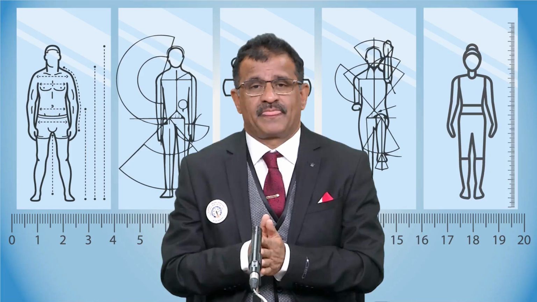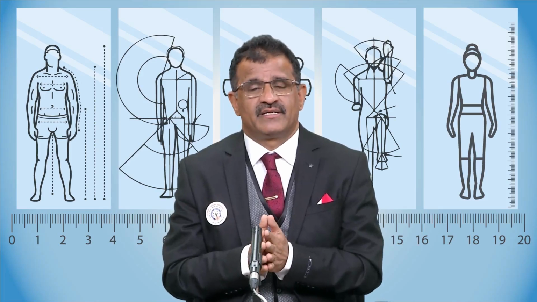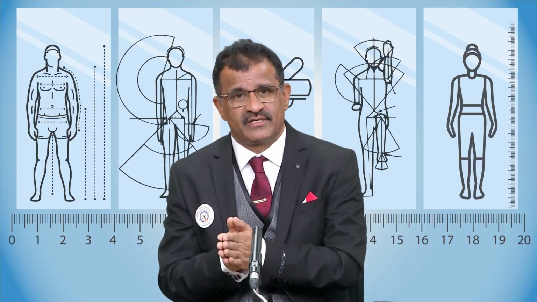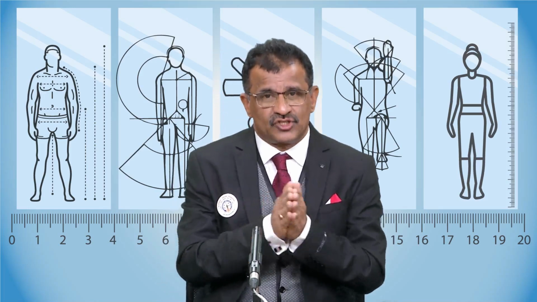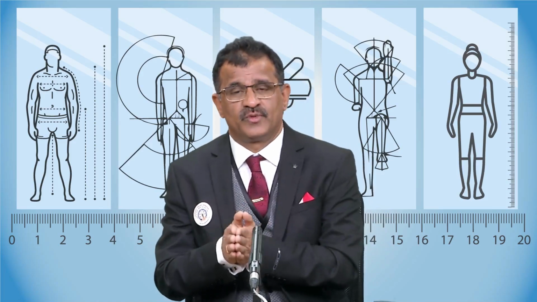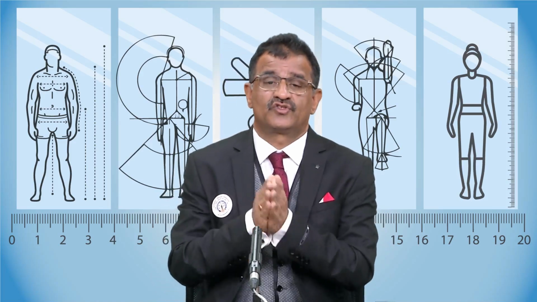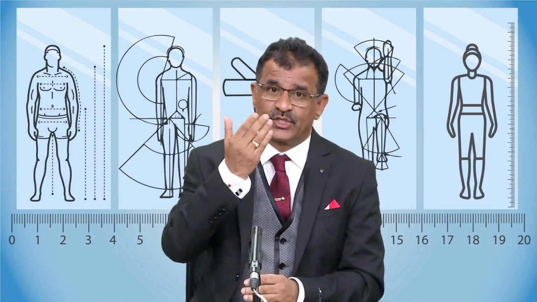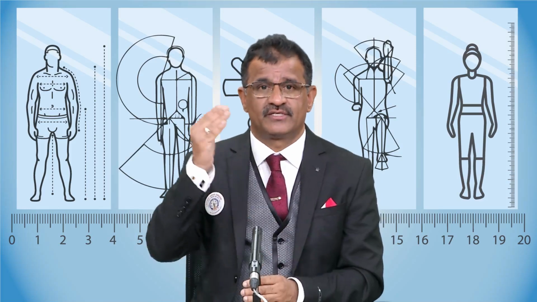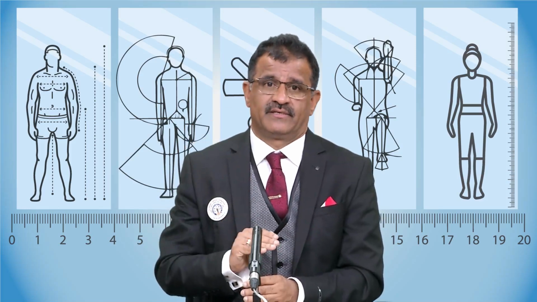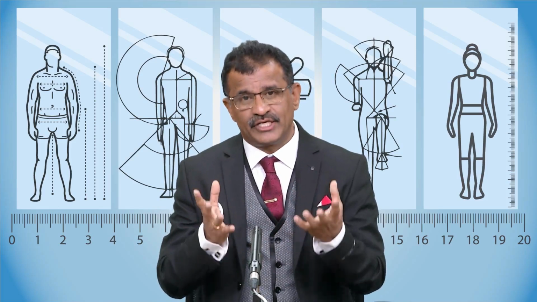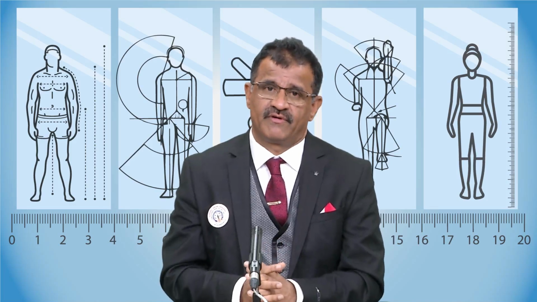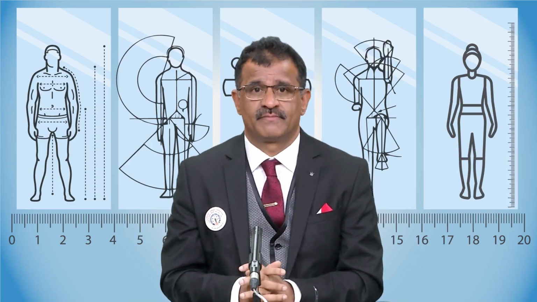This means that anthropometry study is not only helpful for human anatomy, it's not only helpful for human physiology, but it is also useful for clinical study. It is related to your body weight, your height, and that gives you an idea about the nutritional status of an individual.